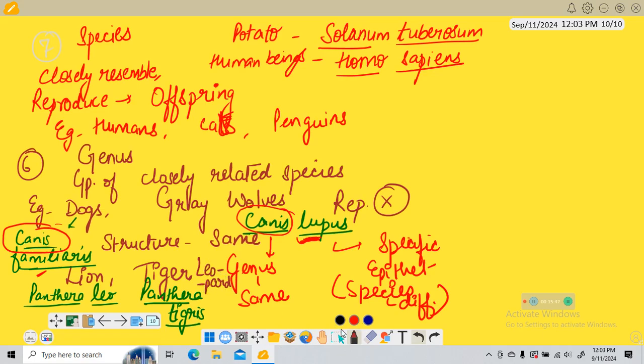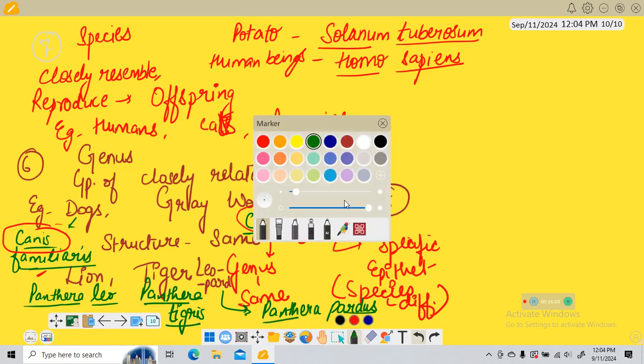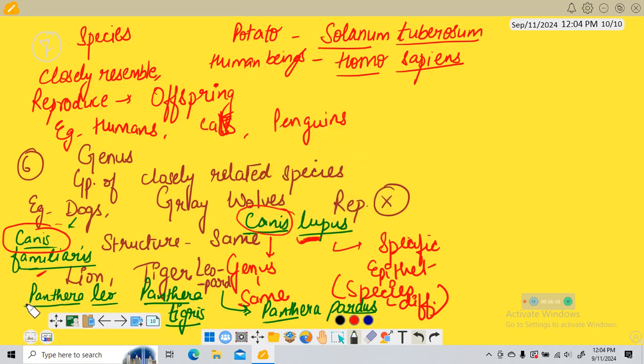These all are somewhat similar, like they are all physically so huge. Then this is Panthera pardus. These are the scientific names. You might have seen all this.